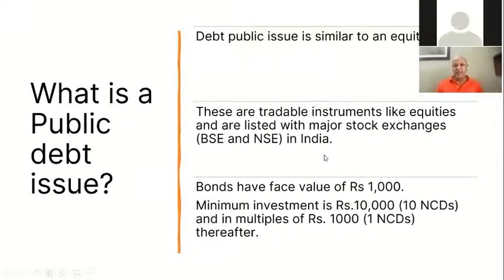A public debt issue is something like an equity IPO. Only, when it's an equity IPO, the issue is for equity shares of the company. The public debt issue is for the debt of the company, issued in the form of bonds. The process for floating a public debt issue is similar to that of an equity IPO.